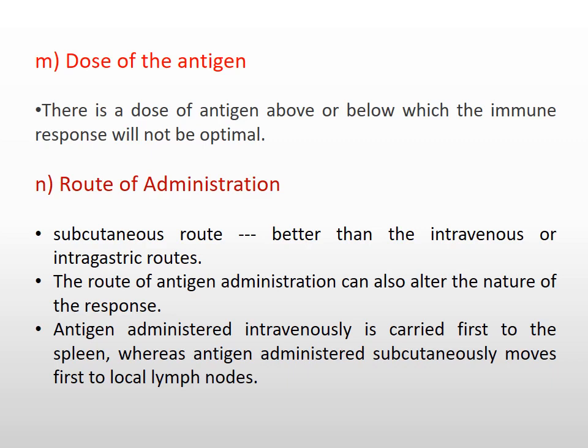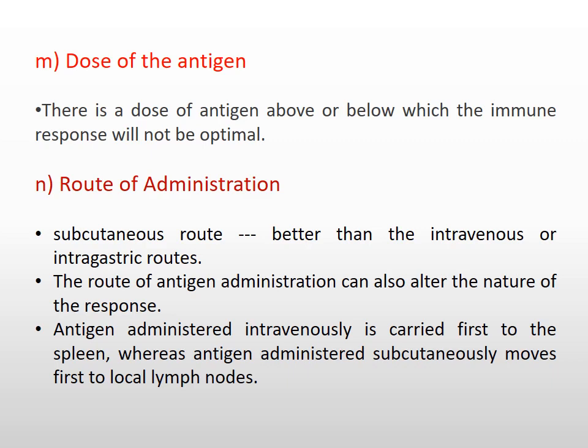Next one is route of administration. This is very important because one route may be better than another, and the nature of response also can be altered depending on the route. We can see that the subcutaneous route is better than the intravenous or intragastric route.